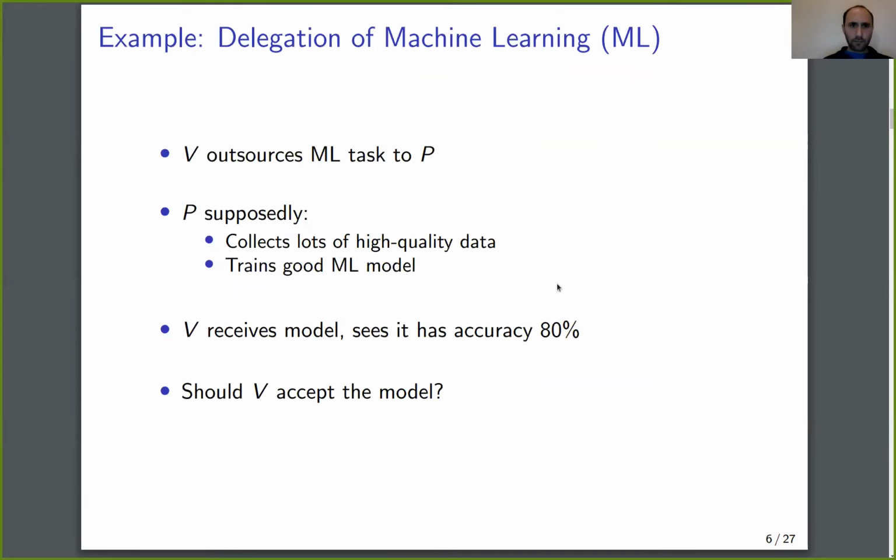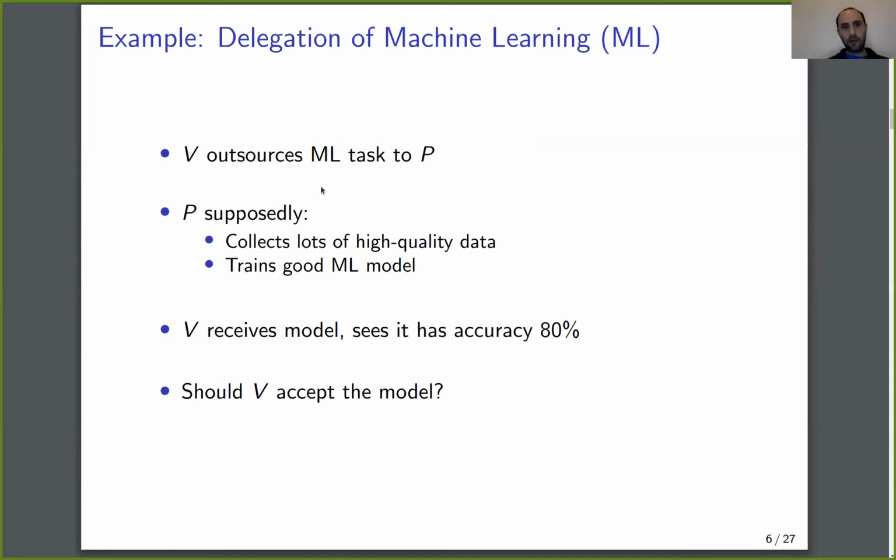Let's do an example of when this kind of setting might be useful. Imagine some sort of commercial situation where you have one company, V, the verifier, and they have some machine learning task that they want to solve. But instead of solving it themselves, they outsource their machine learning work to some prover, P, which is a machine learning services provider.